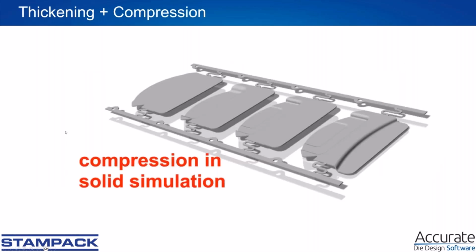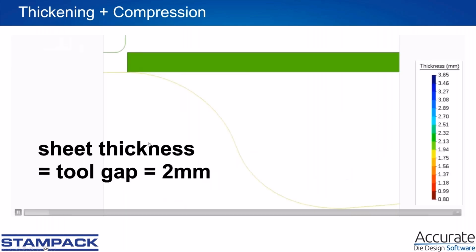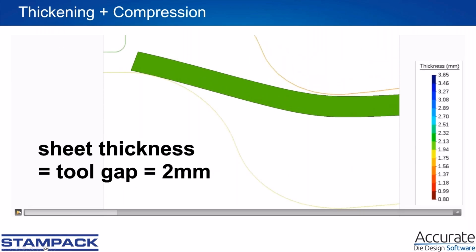A very important effect I want to show you is the simulation quality in case of thickening in the sheet and compression later on. And to highlight this, I have here a quite easy progressive die from one of our customers. And what happens here, so I made here a cross section, and this is a solid simulation.